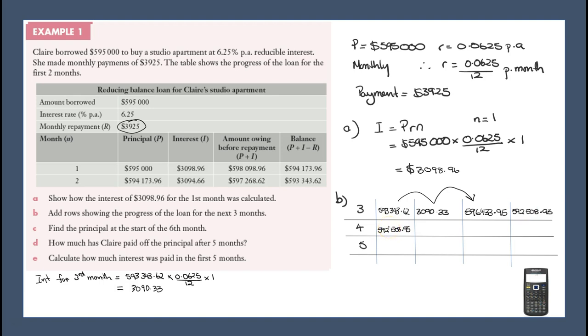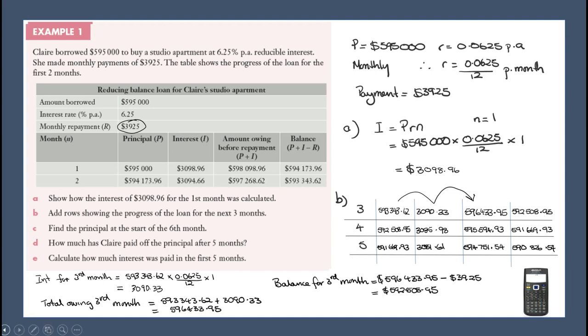Notice also that I've transferred what was owing at the end of month 3 of the balance to my new balance. Now I'm going to pause the video and write up the solutions to the next bit and come back and talk about them. So you can see I have continued on that process to calculate the amount of interest for the 4th month. I've just changed this number here.